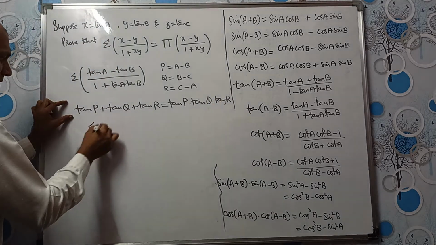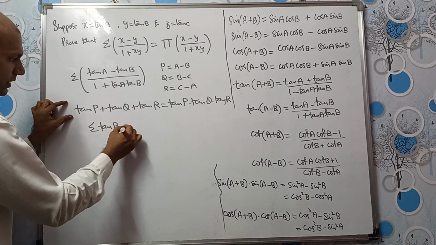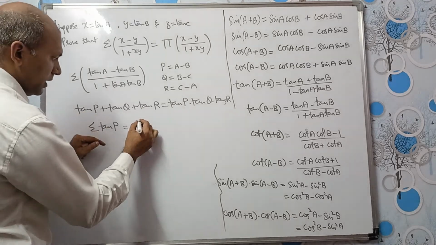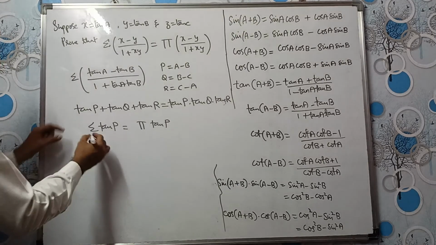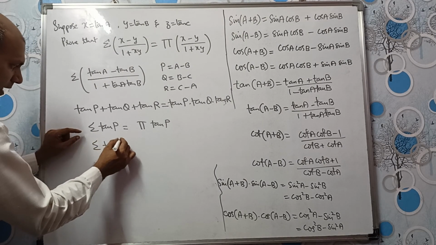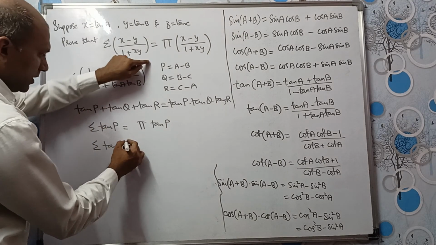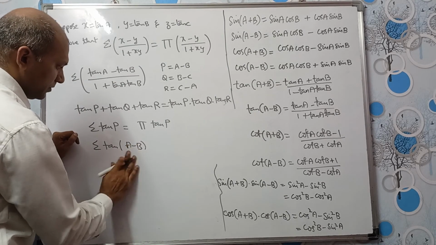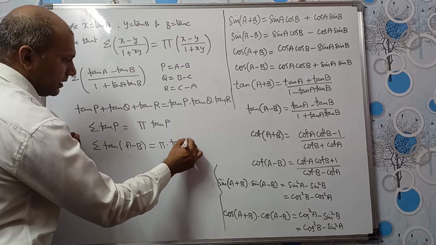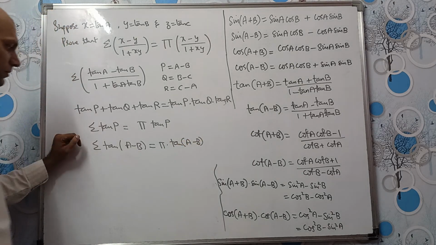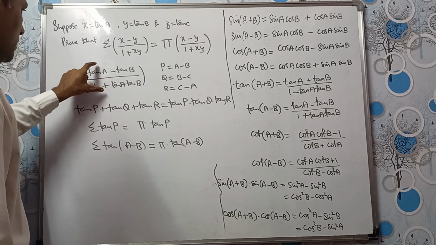So what is this? This is sigma tan P only, right? Because it is the addition of P, Q, R, and this is the multiplication of tan P. So sigma tan P, what is P? A minus B, is equal to the multiplication of tan (A minus B). If you expand this, you will have this only, right?